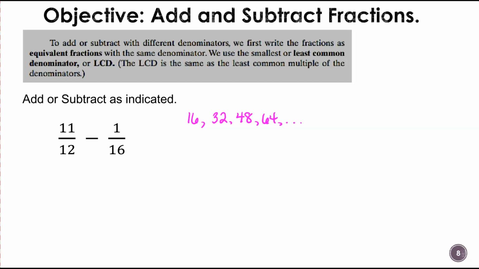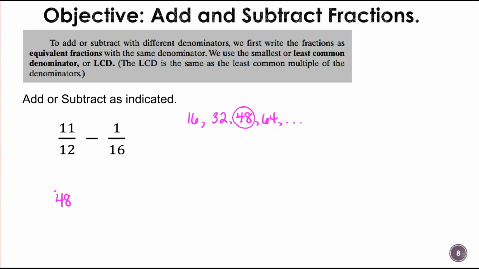You can always check first, does 12 divide into 16, because 16 was your larger denominator, and it doesn't. 12 won't go into 32. I mean, it does, but it makes a decimal. 12 does go into 48, and that goes in 4 times. 16 times 3 is 48. So now we've found our common denominator.